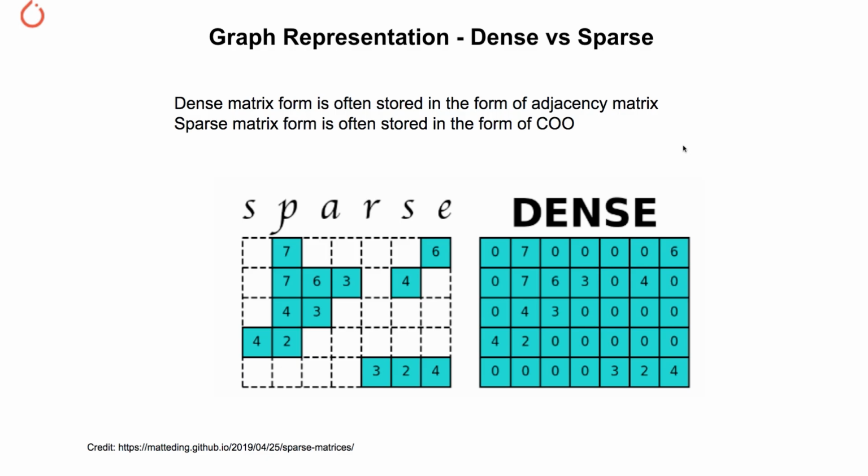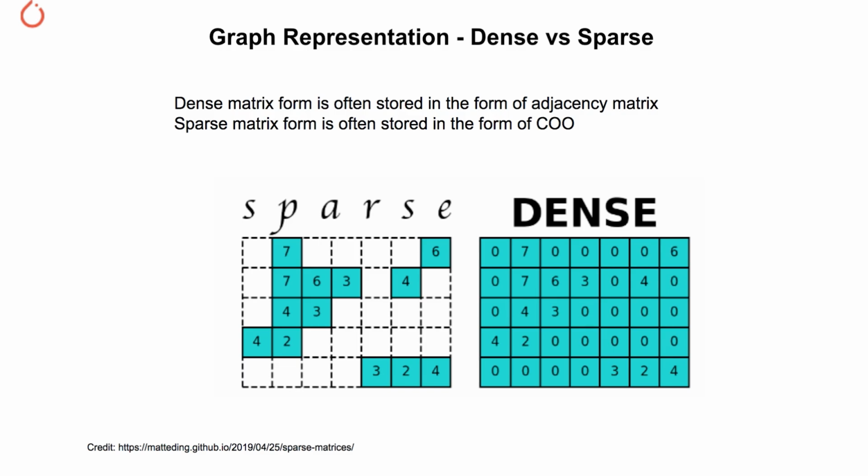This one, I think, is a little bit counterintuitive in terms of sparse and dense. If you look at just the words themselves, you would imagine dense means you're storing a matrix in a more dense form, and sparse means you're storing it in a more sparse form. But it actually means the other way around.